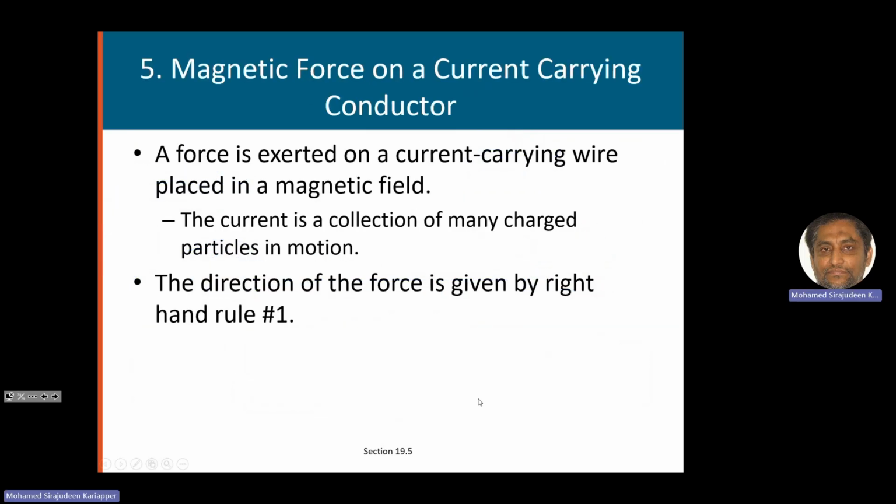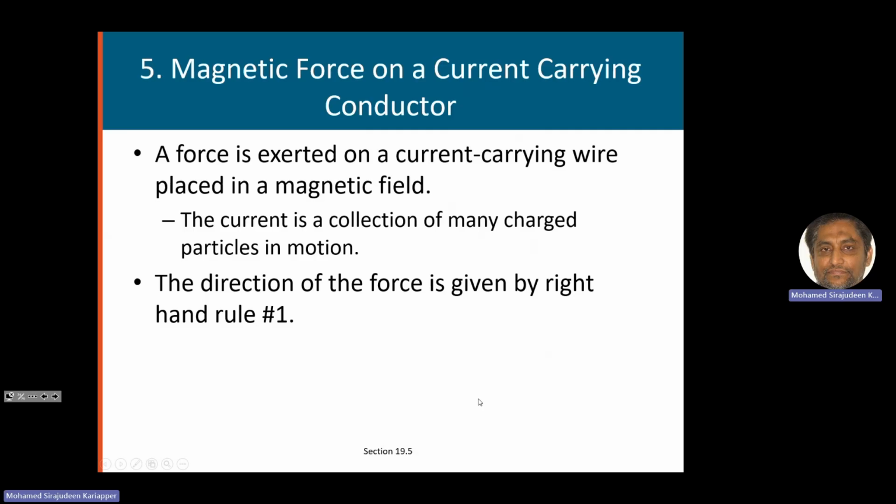Number 5, go to the next topic, which is: what is the magnetic force on a current carrying wire? What is current? Current means charges moving, right? We already learned that if a charged particle is moving, it will experience a force.